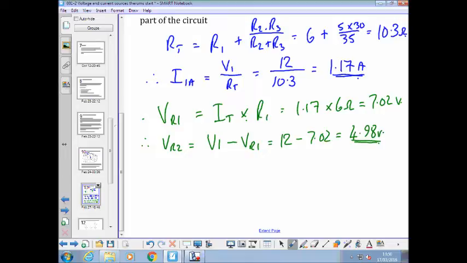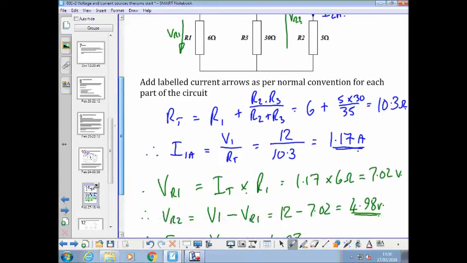Therefore, I2 is equal to VR2 over R2, 4.98 divided by, and that should be I2A as well, because we're only working with the A circuit at the moment. I2A, 4.98 over, what was that R2 resistance? 5 ohms equals.